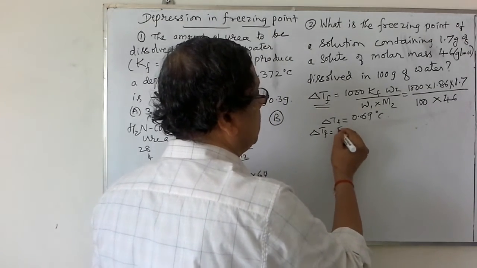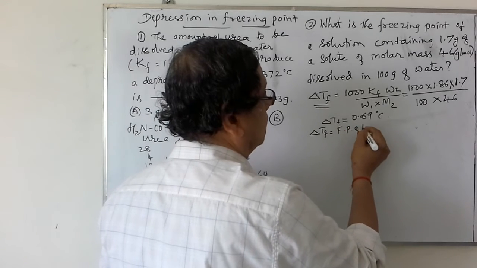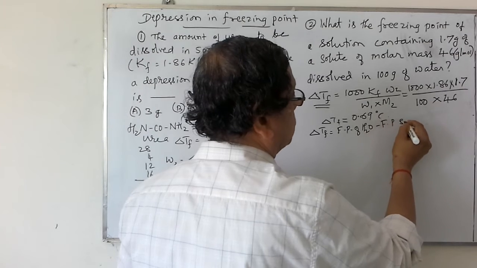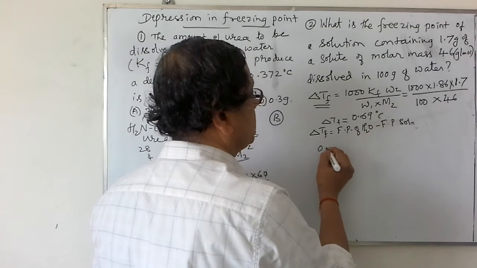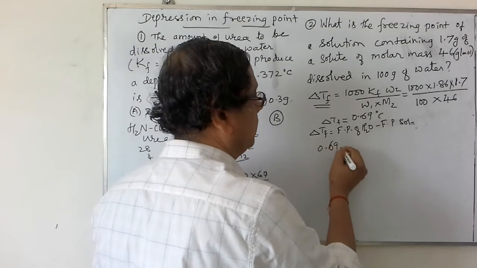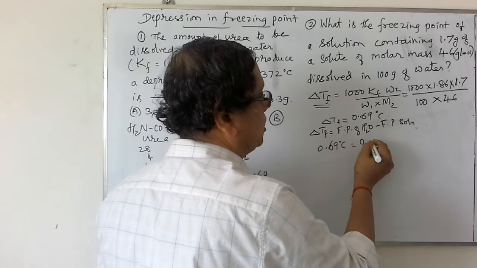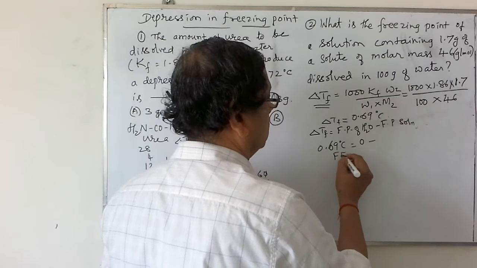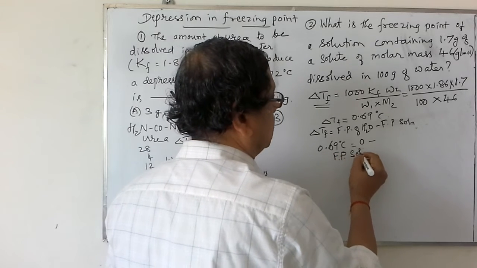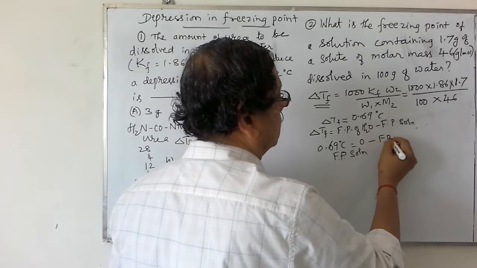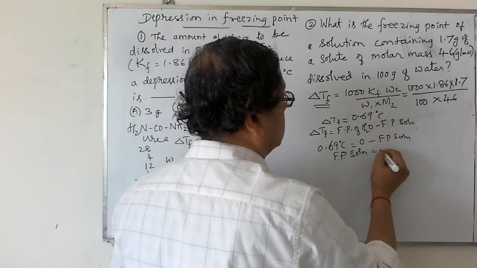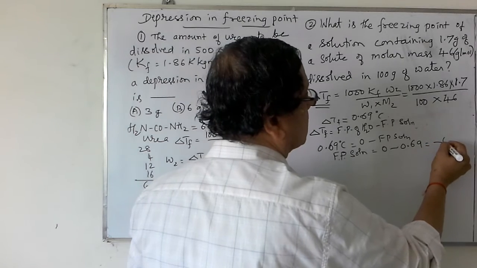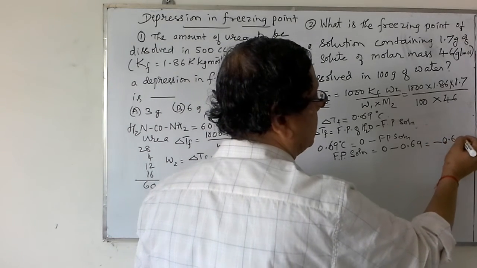Delta Tf is 0.69, and the freezing point of water is 0. Therefore, freezing point of solution is equal to 0 minus 0.69. It is minus 0.69 degrees Celsius.